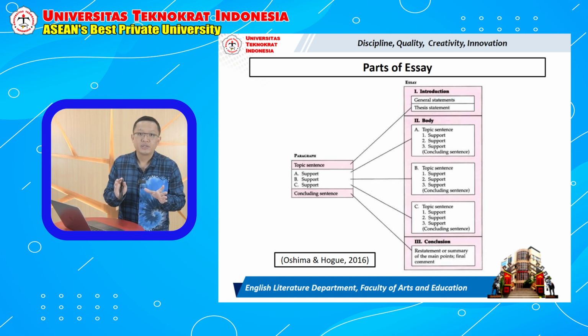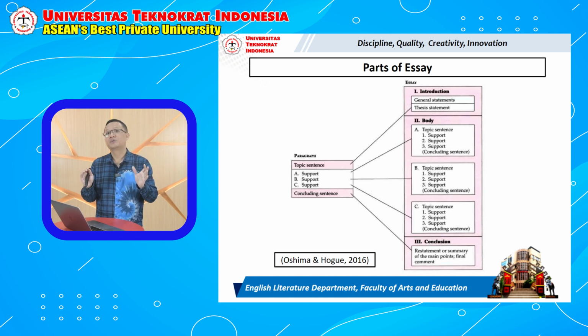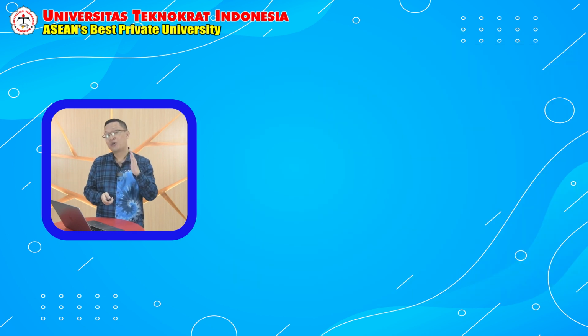And the last one, you can write your final statement as the closing of your conclusion. Okay, students? I hope that this is very clear for you, that remember, an essay consists of introduction, body, and conclusion. That's what we call parts of an essay. All right, so I hope we can move to the next explanation.